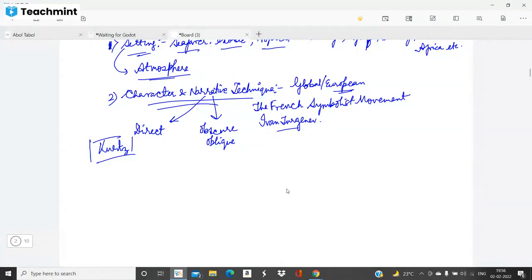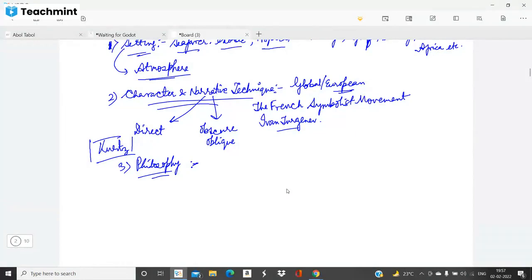And with character and narrative technique in general comes the third thing, which is his philosophy of life. Now, it has often been pointed out that Conrad was nihilistic. That is, he did not believe in any existence, he did not believe in any order, he was chaotic.